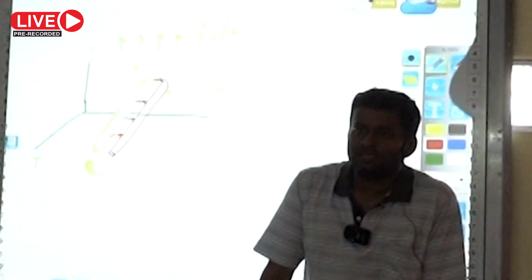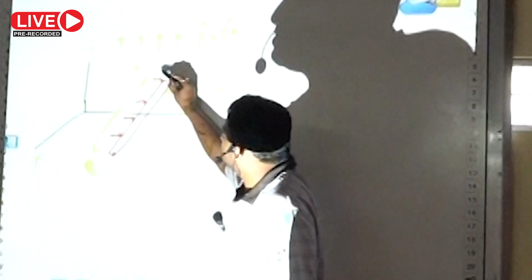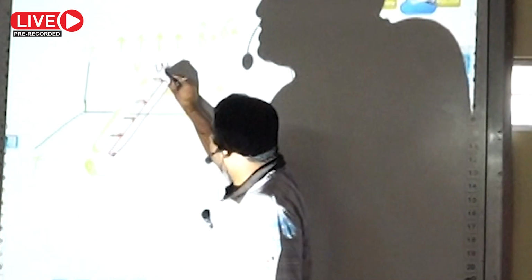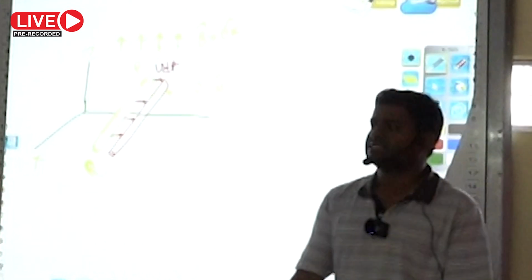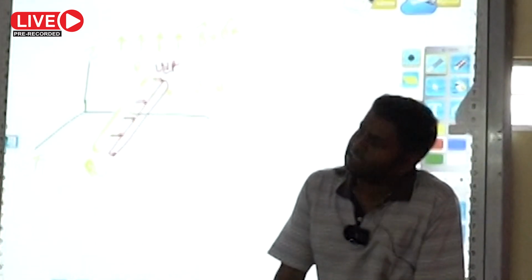That is dy. In the y direction it moves with velocity v. In time dt, with this constant velocity, the distance moved is v into dt. Clear? Its constant velocity along the y direction is v, so in time dt it moves a distance v into delta t.